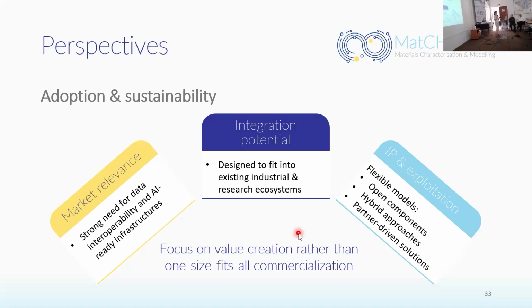This means that some parts could be used, kept open in a place and reused whenever we need. Some others could be customized for specific needs, or others could be driven by partners in dedicated applications.